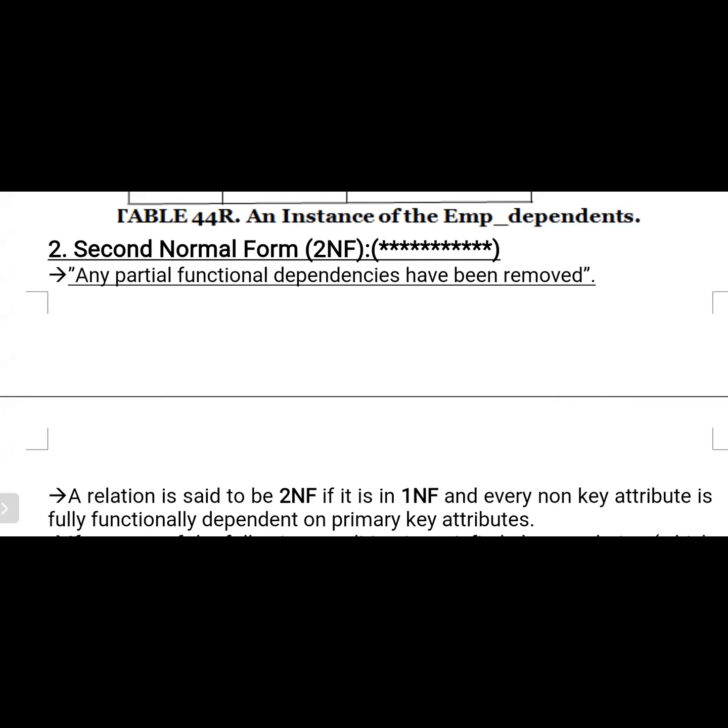For example, in this table, I'm giving the functional dependency: student number comma student name determines the 2 remaining attributes, marks and address. That means by using these 2 attributes, we are able to identify the student marks and student address.